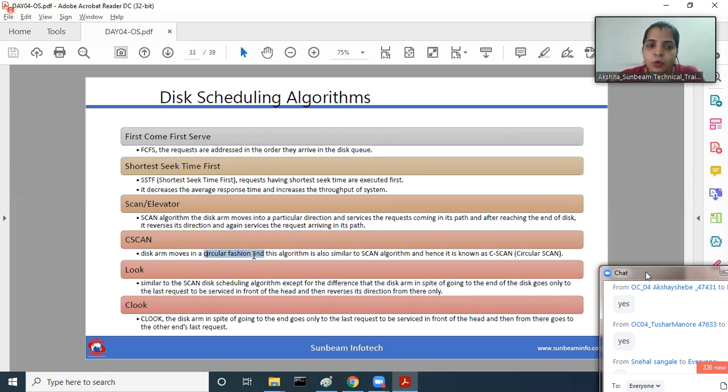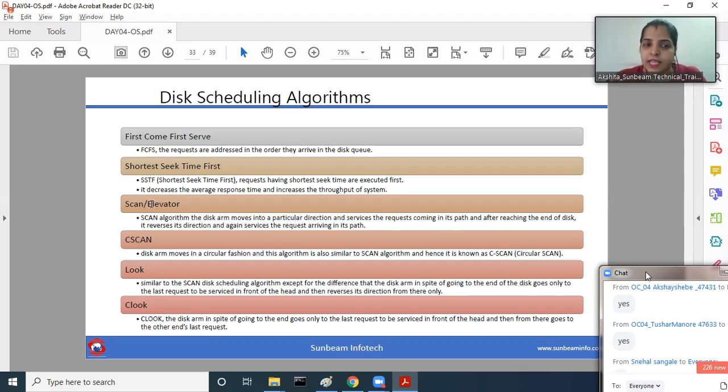C-SCAN moves in a circular fashion, and that is why it is called C-SCAN. It is similar to SCAN, but in the return journey it never serves the tracks.